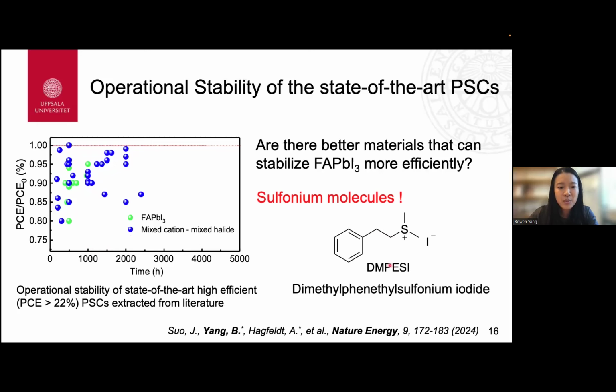So in this work, we innovated this new type of sulfonium molecule, we call it DMPSI, by using it to post-treat the perovskite FAPI surface. We delivered a PCE of over 23%. And most importantly, at the same time, the DMPSI-treated FAPI cell shows outstanding operational stability with less than 1% PCE drop for over 4,500 hours aging at MPP tracking.